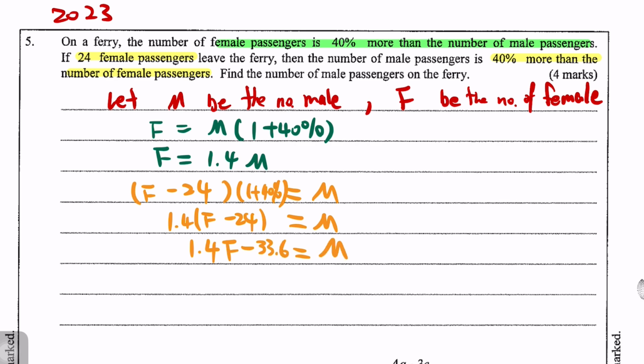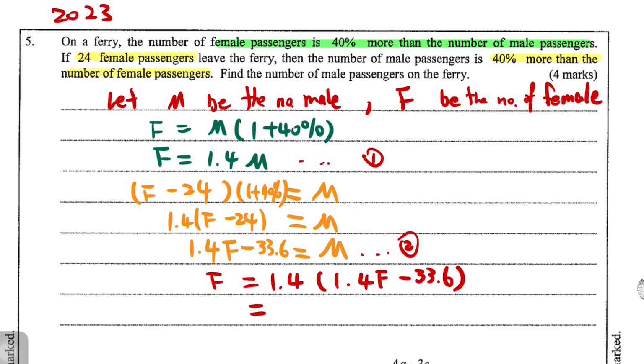Okay, we have equations 1 and 2 for substitution. F equals 1.4M, and then substitute M equals 1.4F minus 33.6.